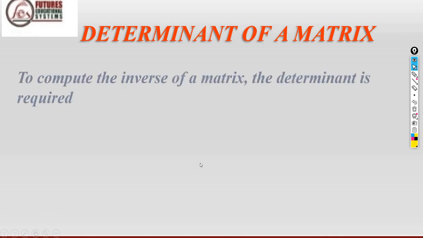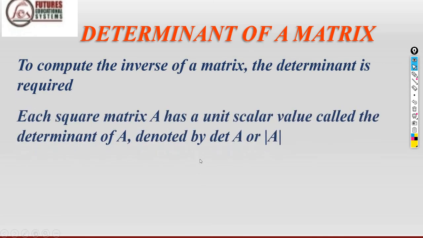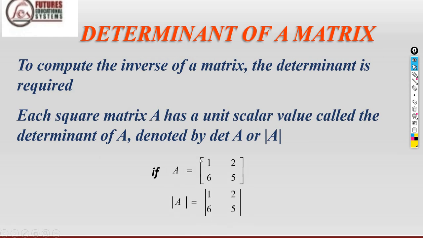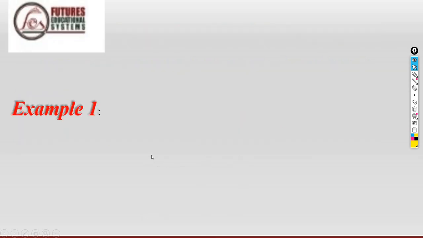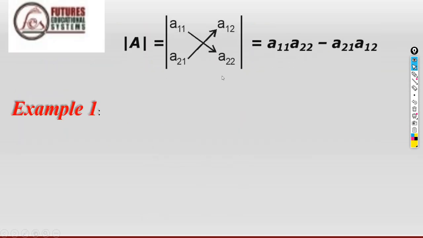Determinant of the matrix. If we have any matrix, we can find the determinant of any matrix. Example 1. If we have a matrix in order 2 by 2, to do the determinant, start from the main diagonal, A11 by A22, minus A12 by A21.